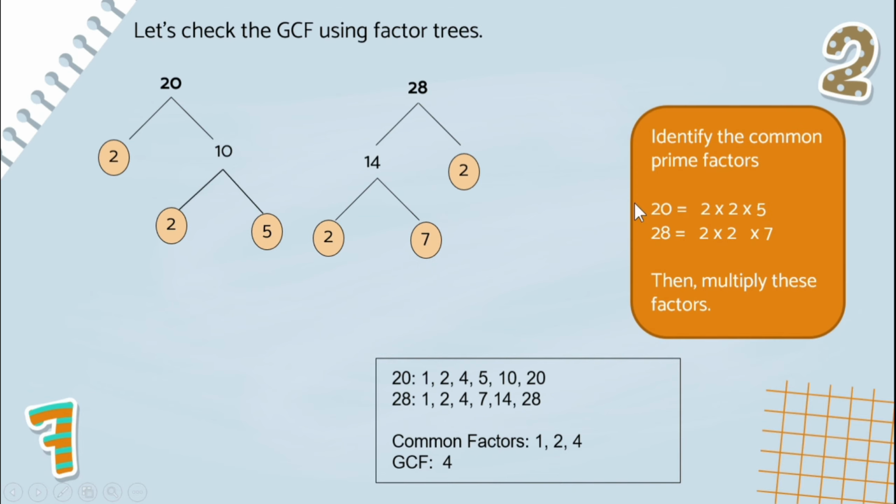The prime factors of 20 are 2 times 2 times 5, and 28 is 2 times 2 times 7. Remember the rule for using factor trees in GCF: only the same numbers that have a couple. So we have two 2s. 2 times 2 is equal to 4.